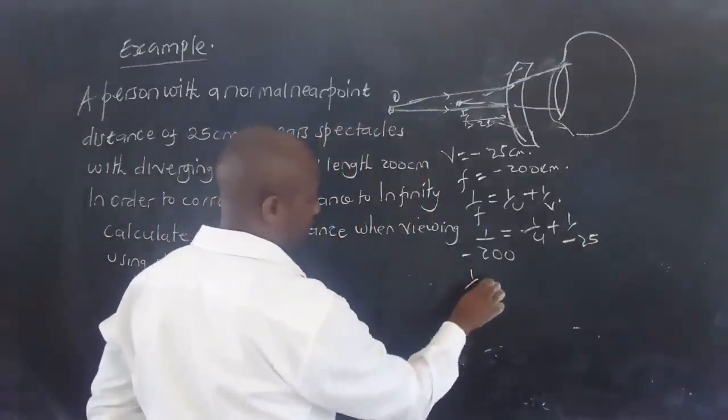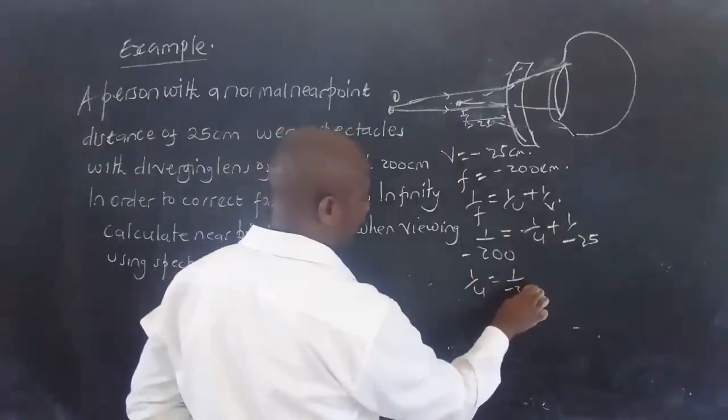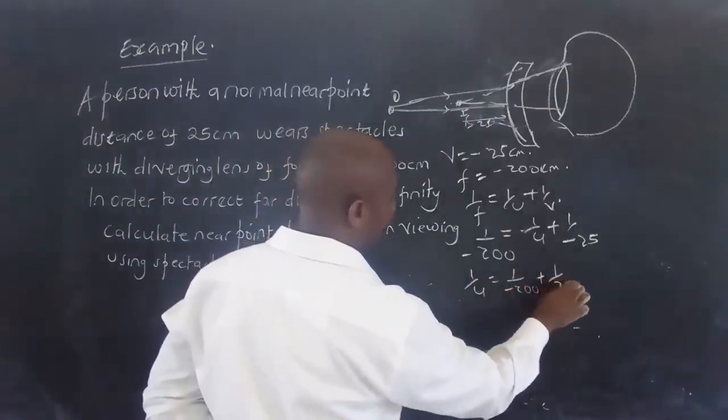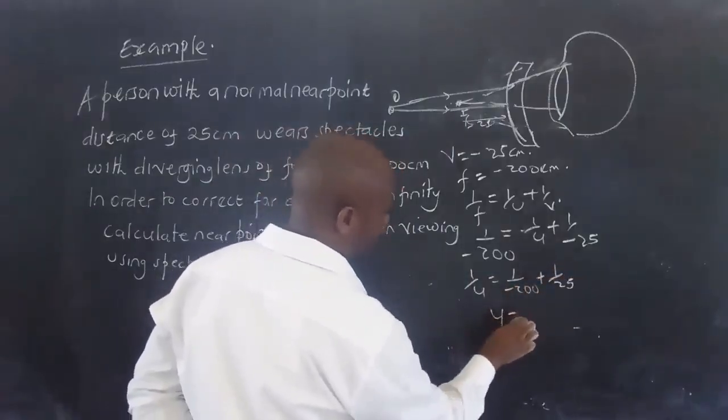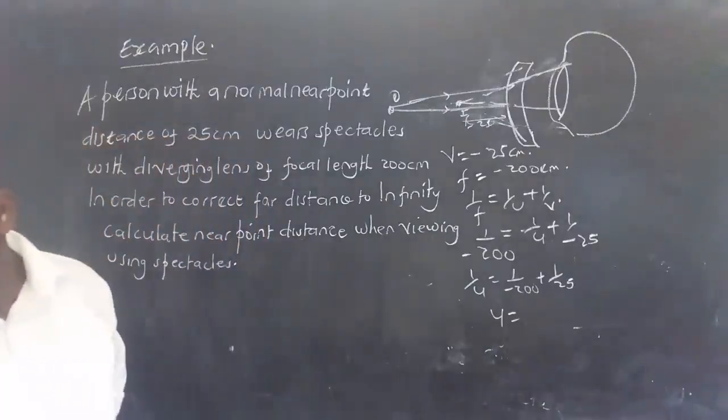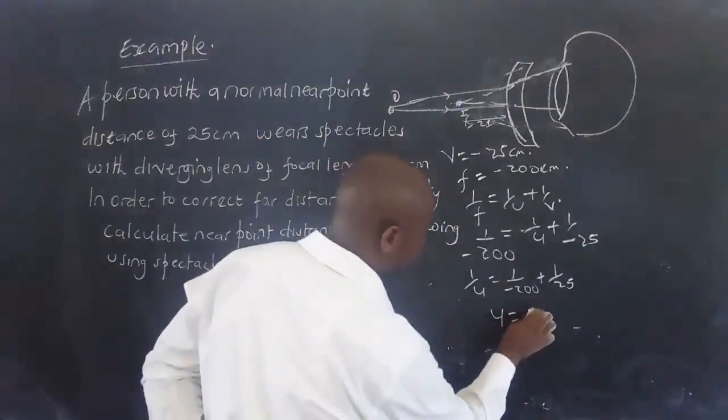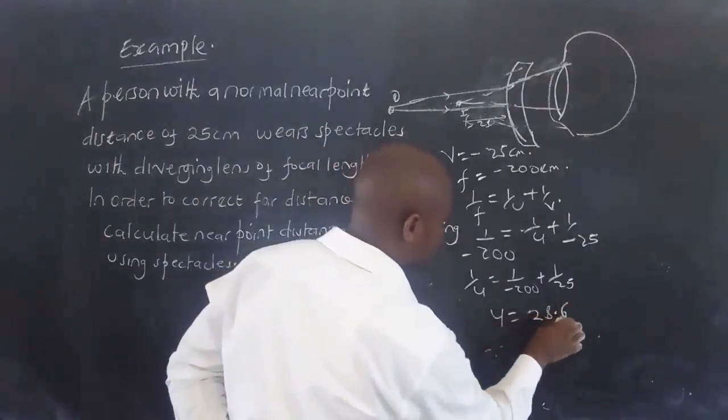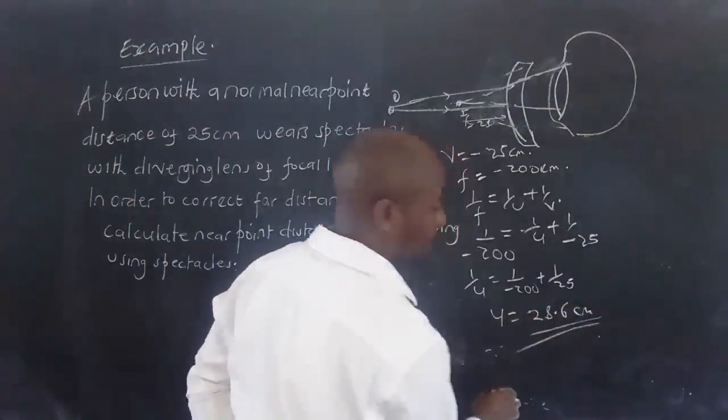So 1 over U will become 1 over negative 200 plus 1 over 25. So our U becomes 28.6 centimeters.